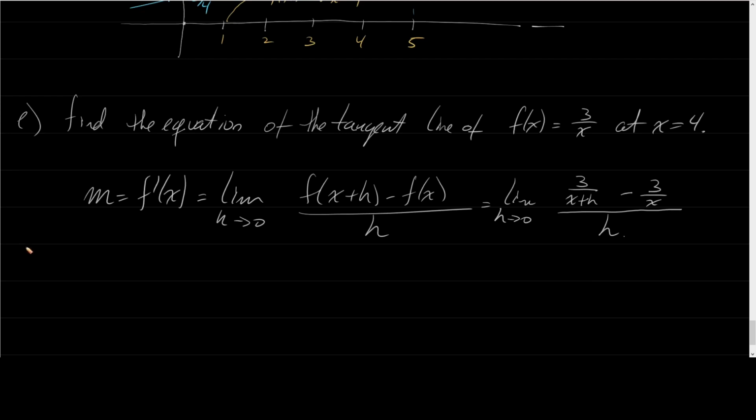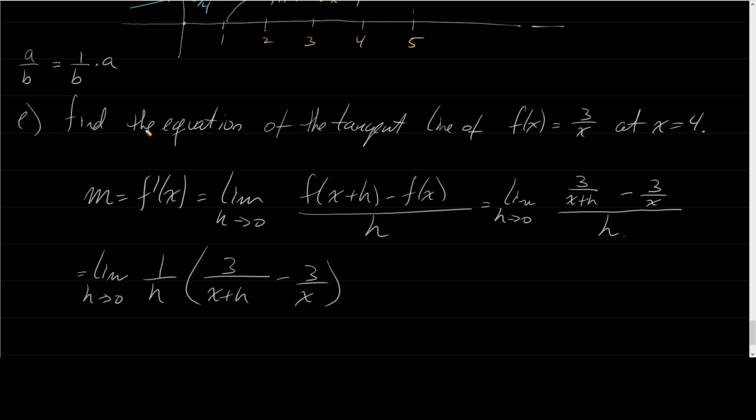In general, a over b is the same thing as 1 over b times a. Those two statements are equivalent. So what I have here is really the limit as h goes to 0 of 1 over h times 3 over x plus h minus 3 over x.